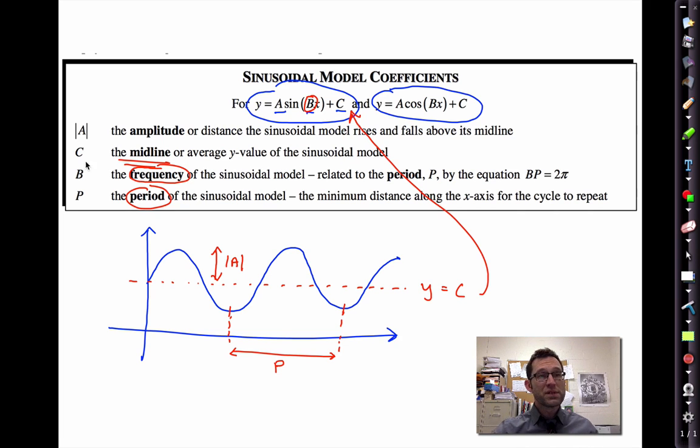The frequency, what shows up actually in the equation, is related to the period by this famous formula: B times P is always equal to 2 pi. So when we're translating from a formula to a graph, we use that relationship to come up with the period. When we're translating from a graph back to an equation, we use the period to come up with the frequency. And we're going to get into each one of these in turn as we work through some modeling problems. So let's do that now.